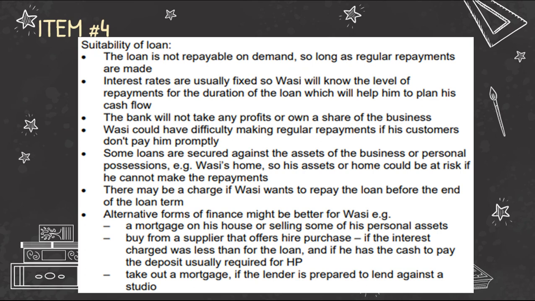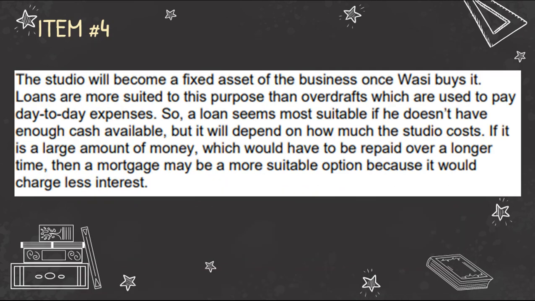For example, he can sell his personal assets, or he can buy from a supplier that offers hire purchase. The studio will become a fixed asset of the business once WASI buys it.